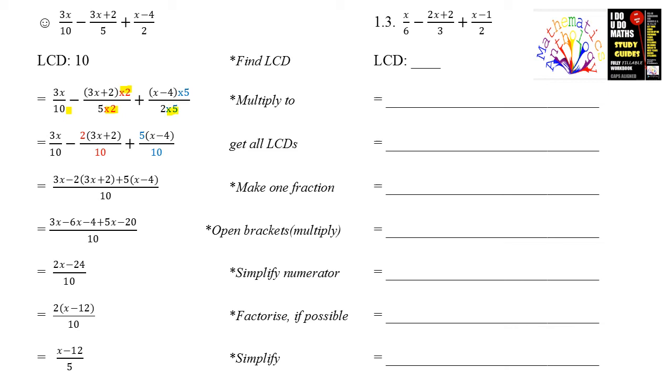Whatever I do to the bottom, I do to the top as well, so multiply the numerator by 5 as well. So if I open all that out, I'm going to end up with 3x over 10 minus 2 into 3x plus 2 over 10 plus 5 into x minus 4 all over 10.